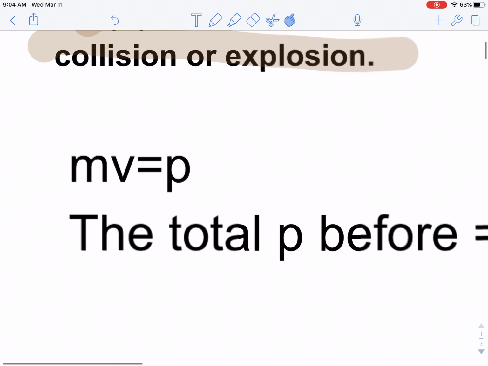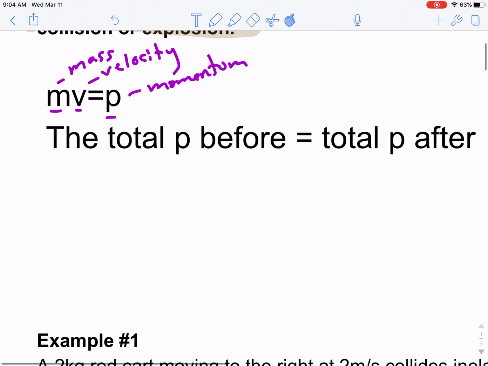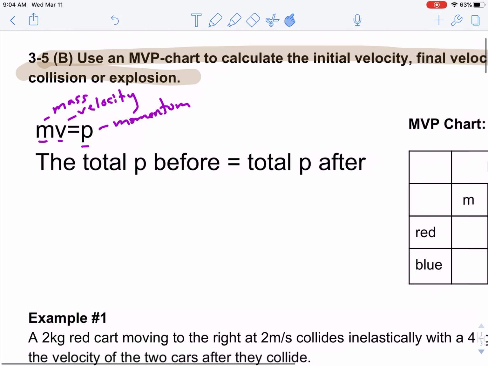So, mass times velocity equals momentum. This is an absolute must know. I believe at this point most of y'all know this. If you don't have this memorized, then make a flashcard and memorize that.